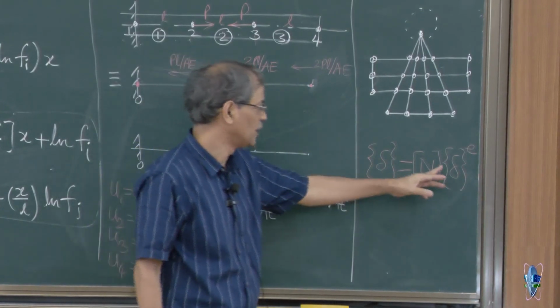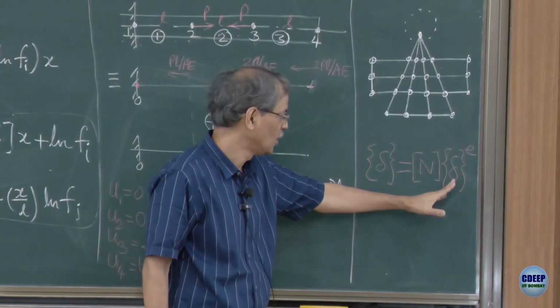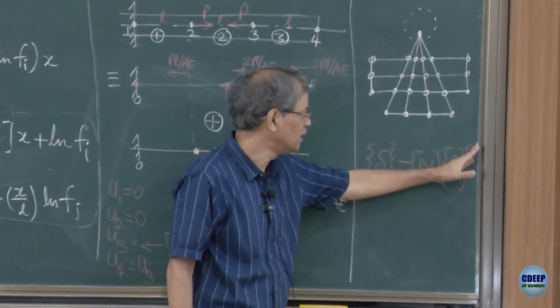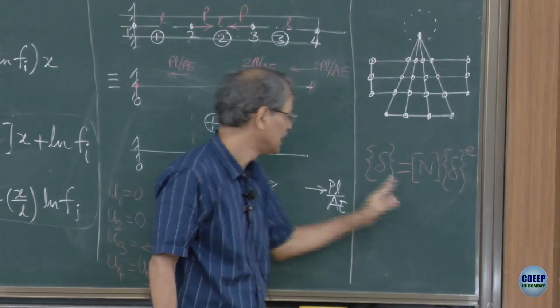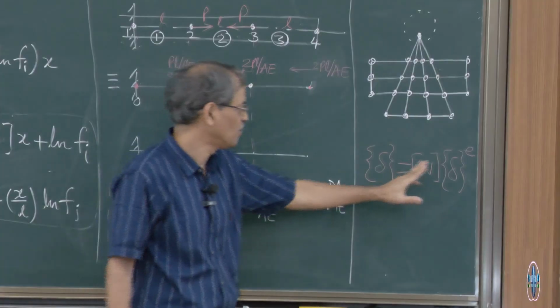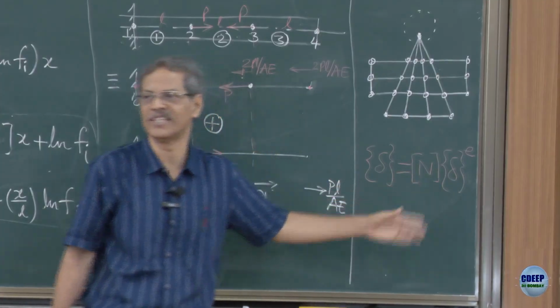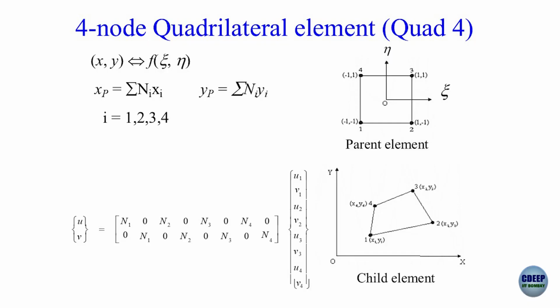Okay. It could be temperatures, it could be displacements, it could be velocities, whatever. And the superscript E means for that element nodes, it is a vector. This is at any point P within the element. These are given by some shape functions N1, N2, N3, N4, whatever. You can put them in a matrix form like this. So, instead of writing out the whole thing, I want you to begin to feel comfortable with this matrix notation. It is a very easy, compact way of writing it out. That is all.